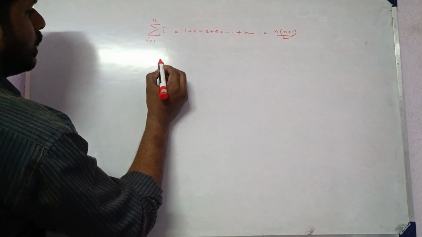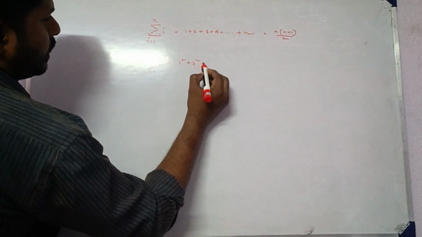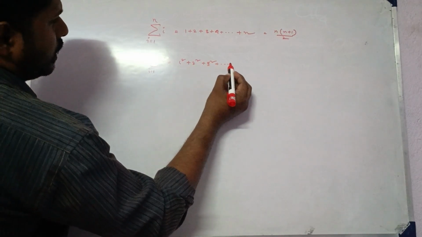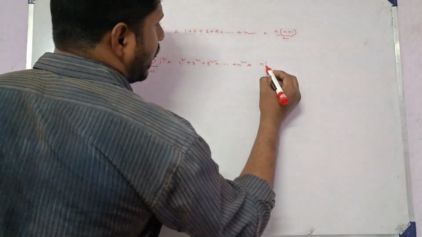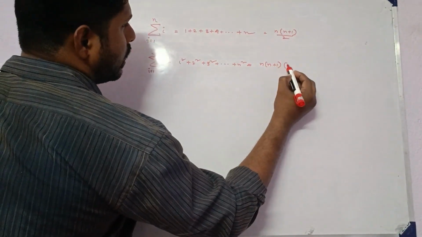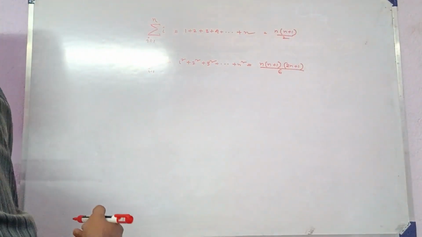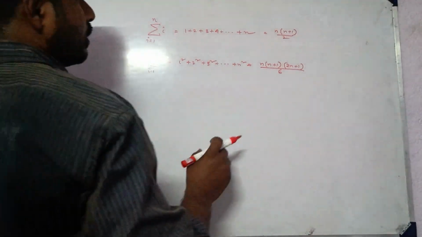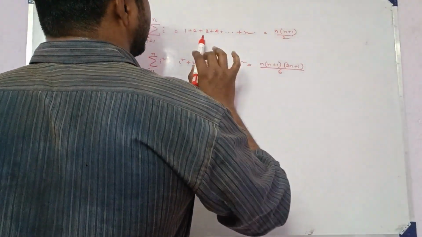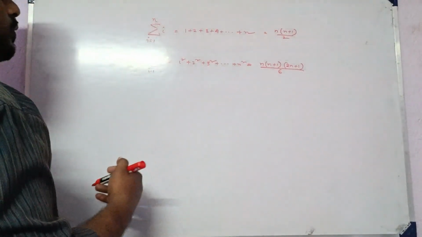Next, summation of i squared from 1 to n, that means 1 square, 2 square, 3 square, up to n square. It is n into (n plus 1) into (2n plus 1) by 6. This proof can be done by using induction, and it can also be done using the AP summation formula.